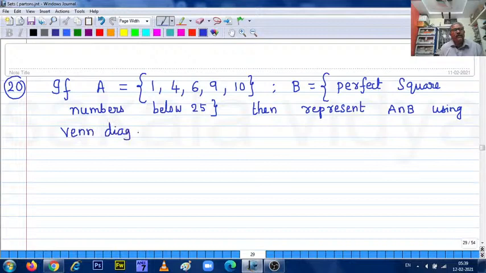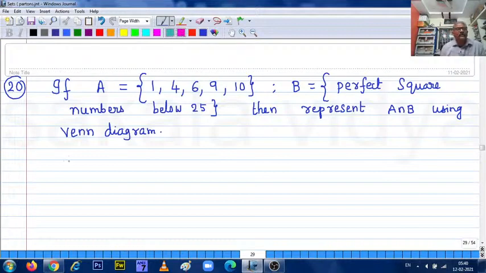You are asked to draw the Venn diagram for A intersection B. First we need to find A intersection B, then draw. If A intersection B is not a null set, then we need to draw overlapping sets. Otherwise we need to draw disjoint sets.